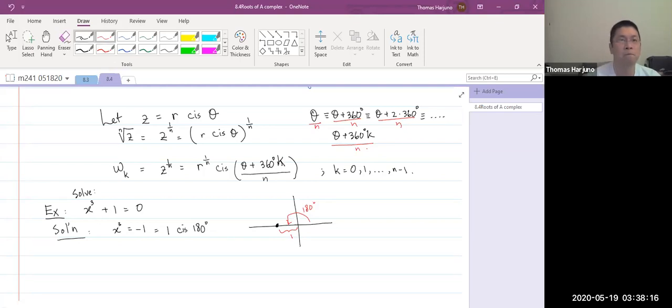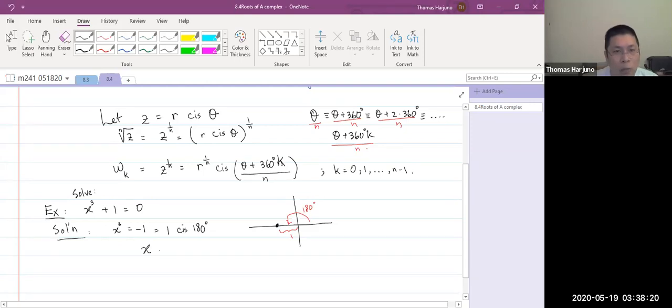Now, my x_k will be the cube root of 1 and cis 180 degrees over 3. Don't forget 360 degrees k also over 3.